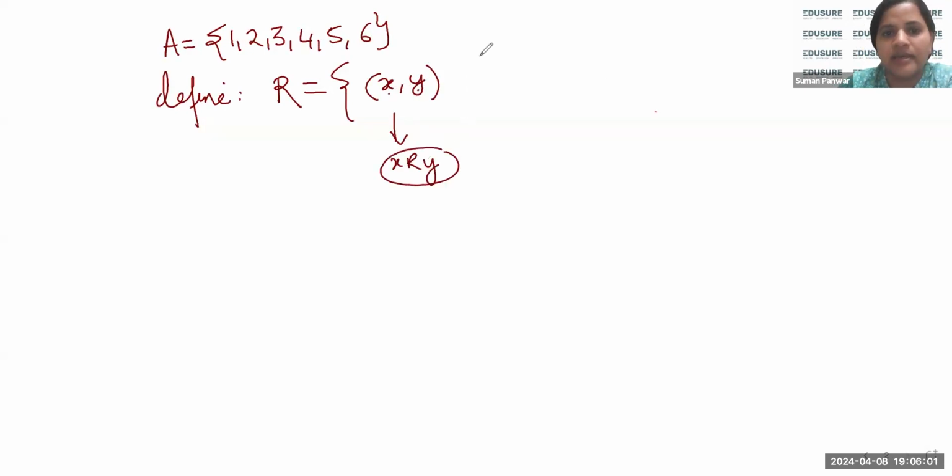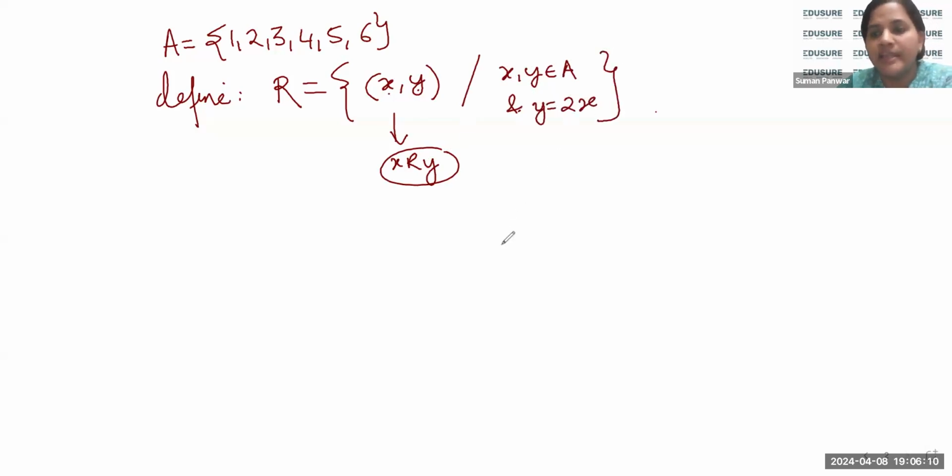This means such that x, y belong to A and y is equal to twice of x. This is my relation. So what are we trying to say? We are defining a relationship between x and y where y is twice of x and we are sitting inside the set A. This means you are defining a relation from A to A.